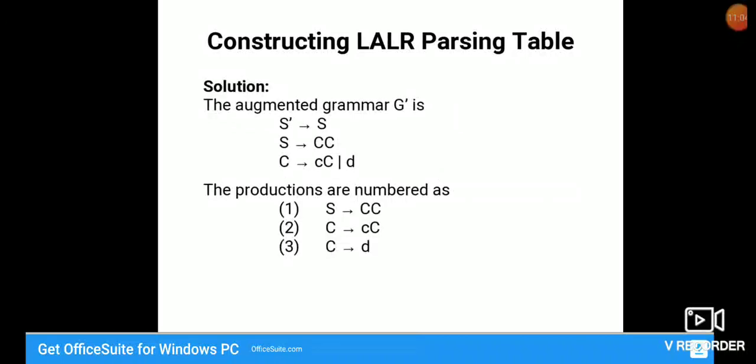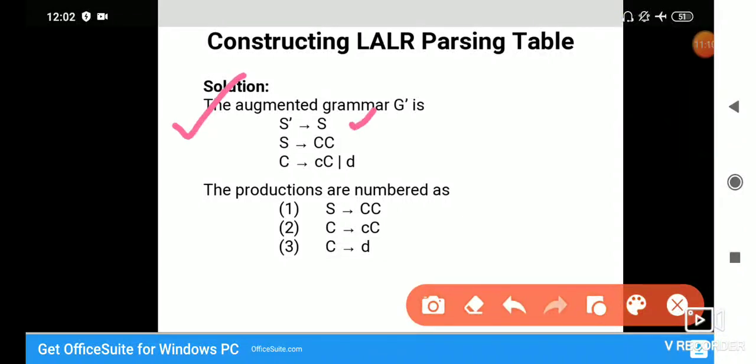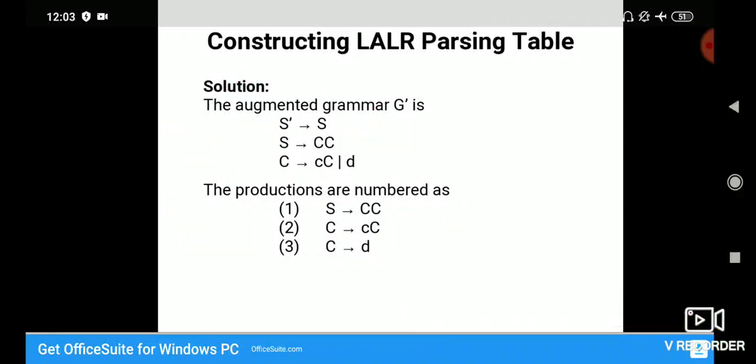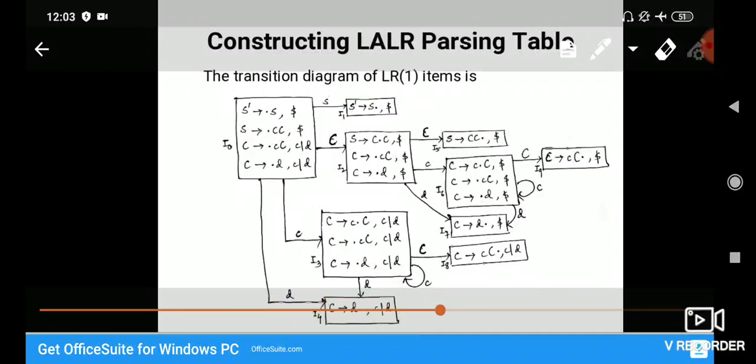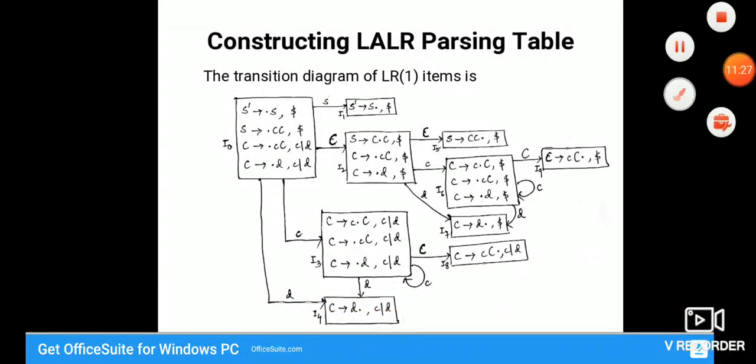The very first thing we do is create an augmented grammar. We just include the first production, we know how to do this. Then we do the numbering of the productions. We leave that particular production as S' to S, and the rest of them are numbered. Then we create the transition diagram of which items?